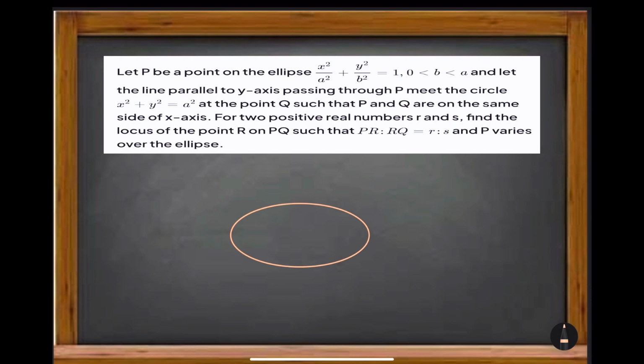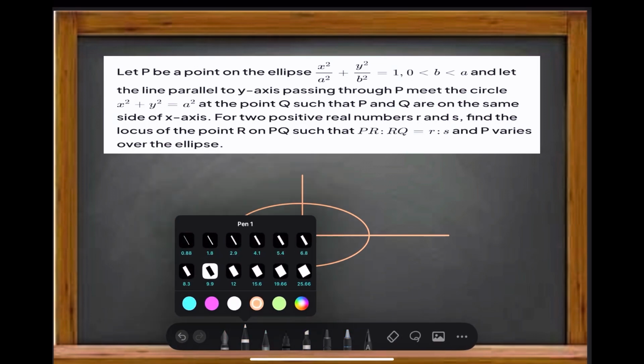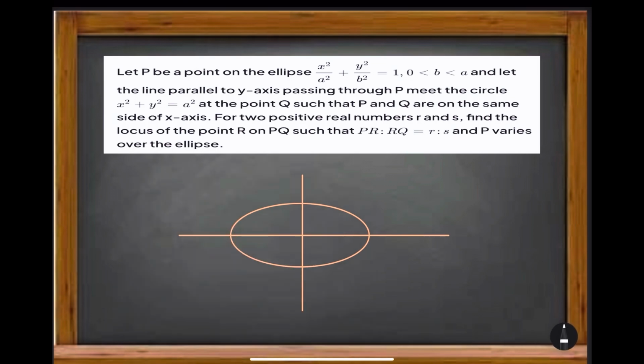Okay, now let's draw the x-axis and y-axis as well for better clarity. Now look at this. Let a line parallel to the y-axis passing through point P meet the circle. So look at this.